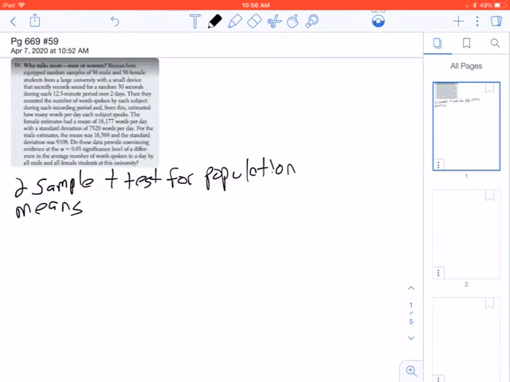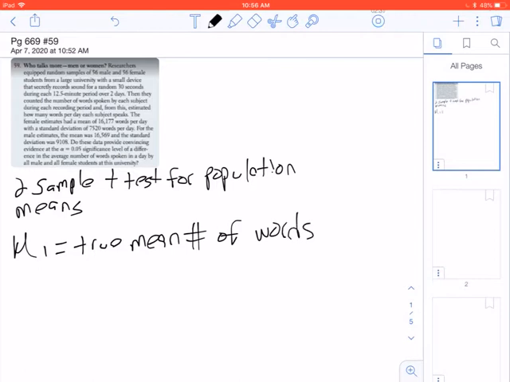Second thing we have to do is let's define our parameters. So let's call mu1. We're going to set that equal to the true mean number of words spoken per day by women.